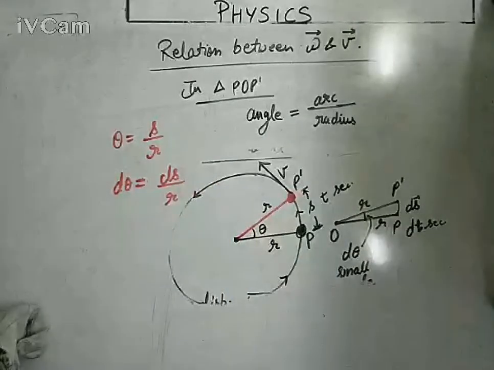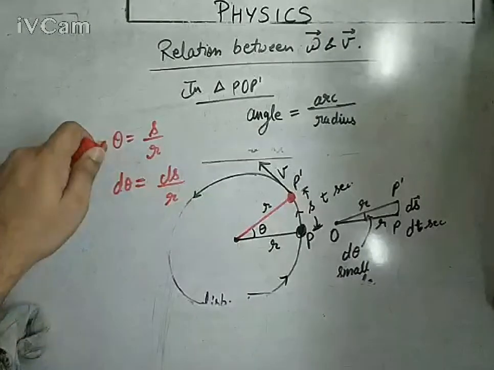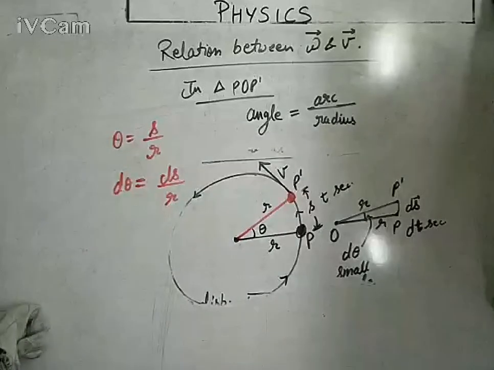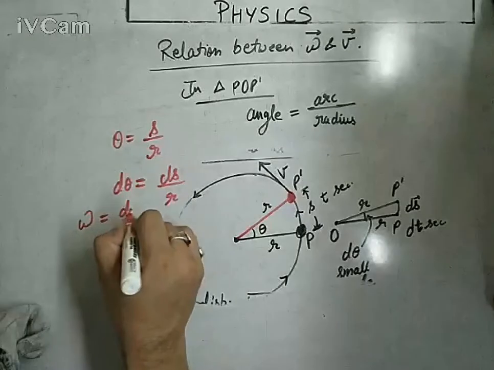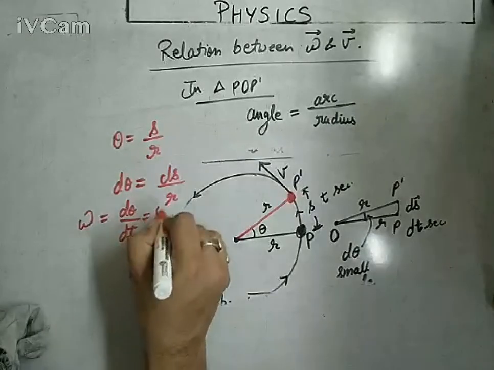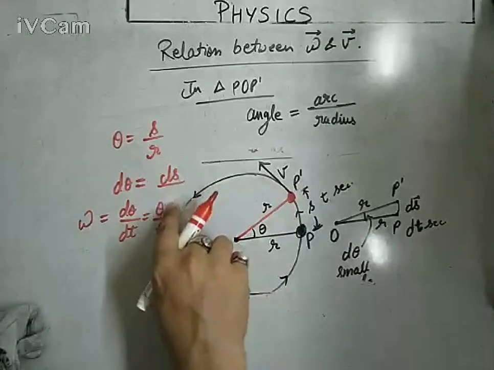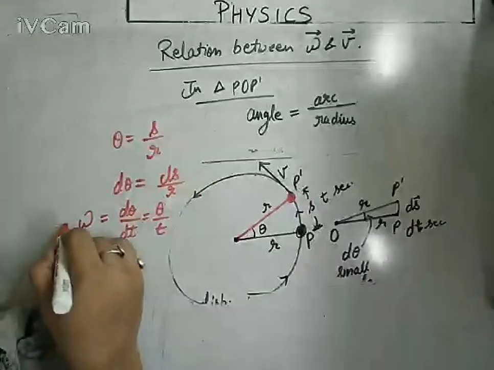It's your choice whether to use the calculus form or the general form. Now we know very well, angular velocity omega is d theta upon dt or theta upon t.